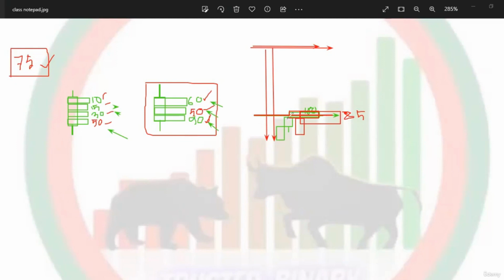That means demand already converted to supply. Now we can expect the next movement of the market to the downside.